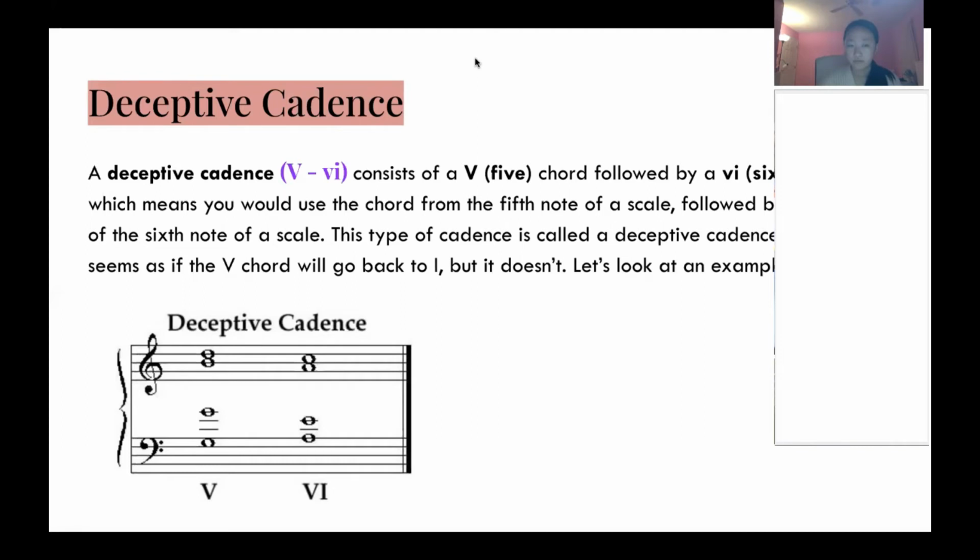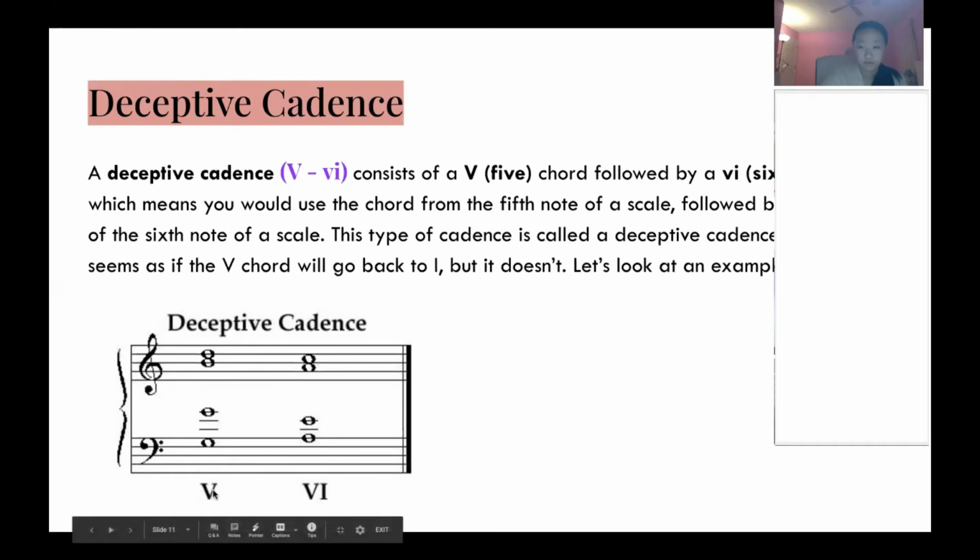This type of cadence is called deceptive cadence because it seems as if the 5 chord will go back to 1, but it does not. So you can see below, the first chord is a 5 chord. And you may think that it will go back to a 1, like an authentic cadence, but it actually goes to a 6 chord.